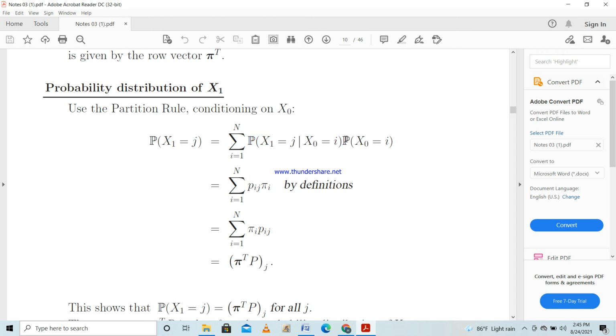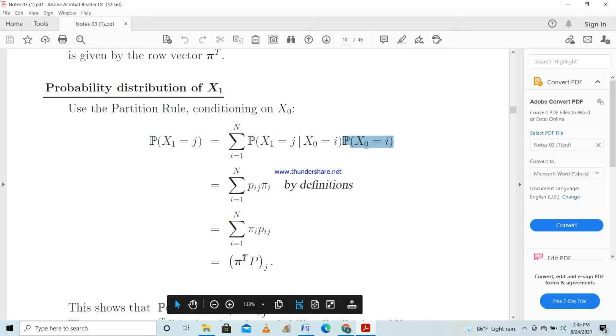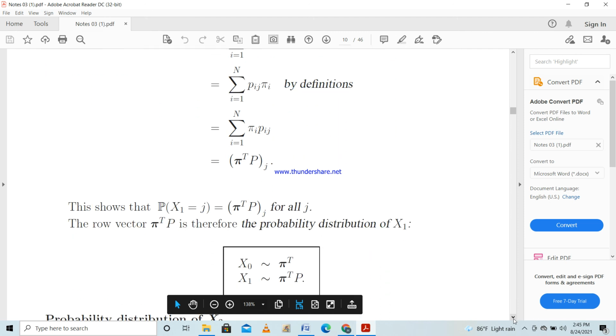In this case, this is the probability distribution of x0, that is denoted by phi i. So if you just rearrange as phi i into Pij, we can take the phi transpose, and if you multiply that by the transition matrix, we can obtain the distribution of x1.